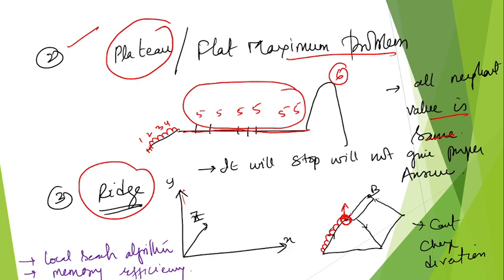I see there is one more peak B in the next direction, but I cannot change the direction. That's why I'm going on the x and y axes, and if I see a higher heuristic value or a peak in the next direction, I cannot change it. So it will stop, it cannot change the direction. This is what a ridge problem is.